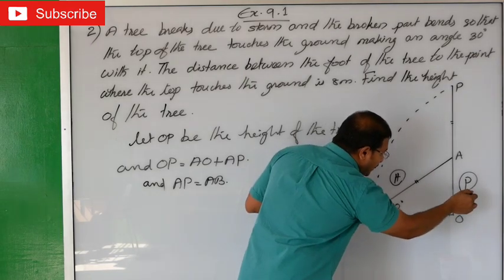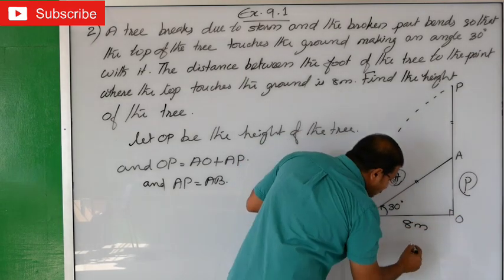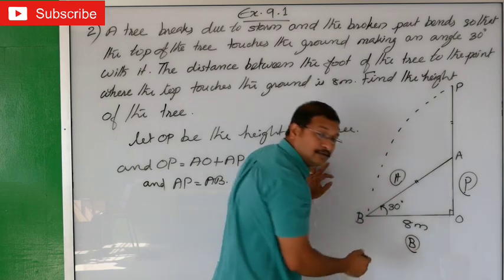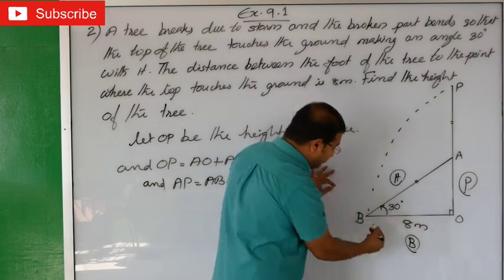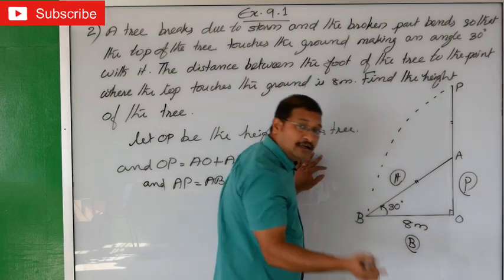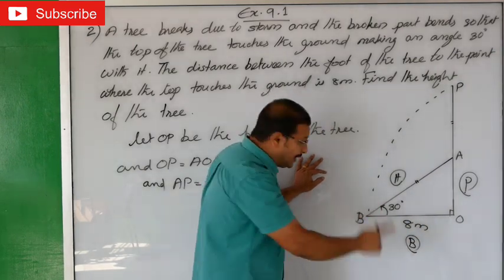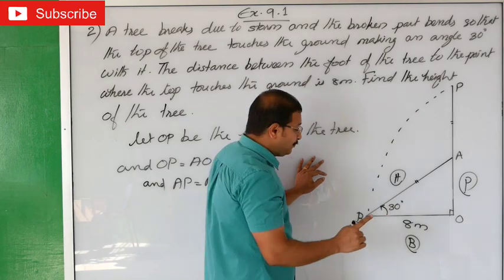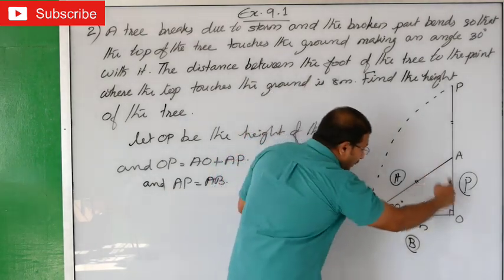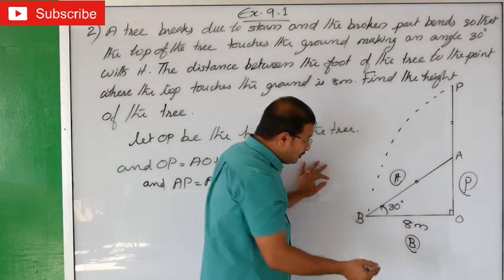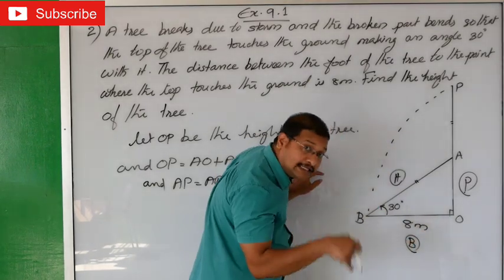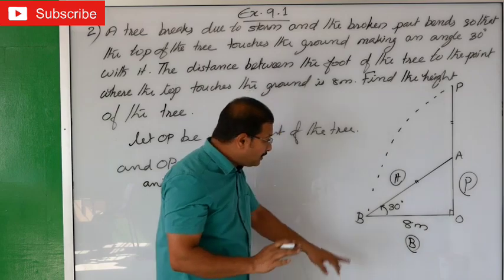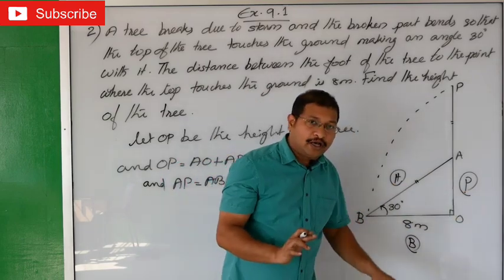If we consider the perpendicular, this one is nearby the angle. Nearby the angle means adjacent side, otherwise base. That means BO will be the adjacent side or base of the triangle OAB. Ready? So we will consider base and perpendicular.